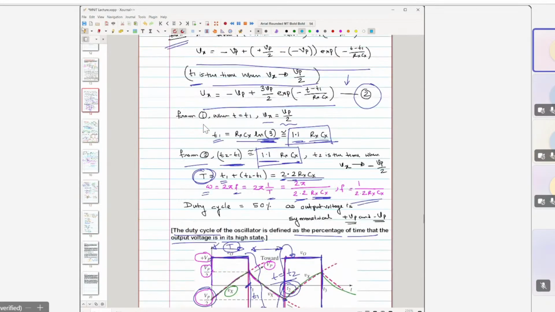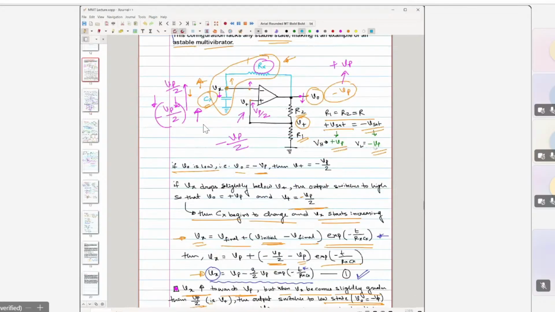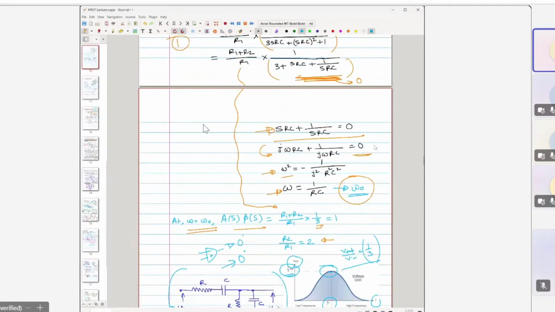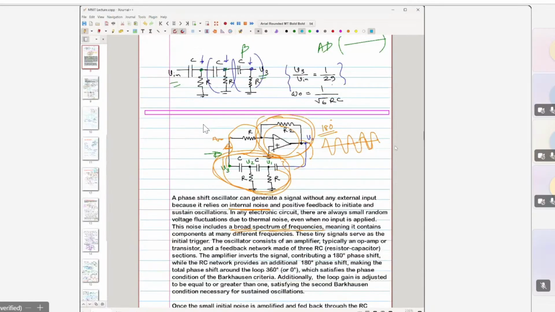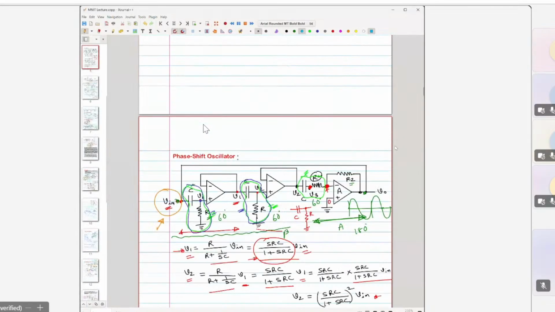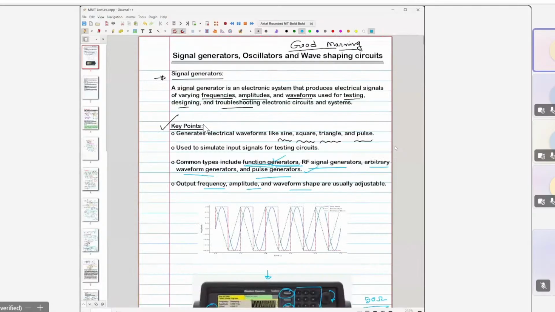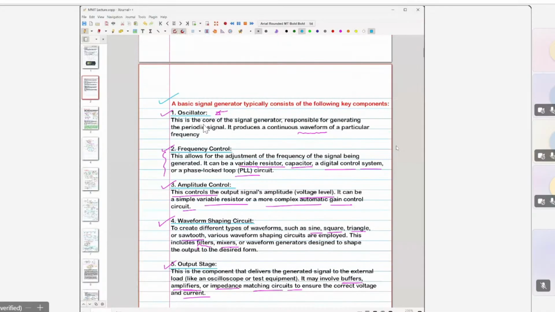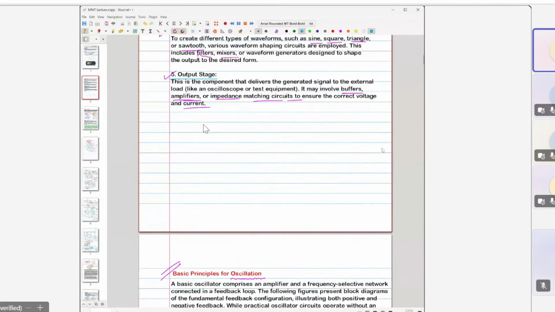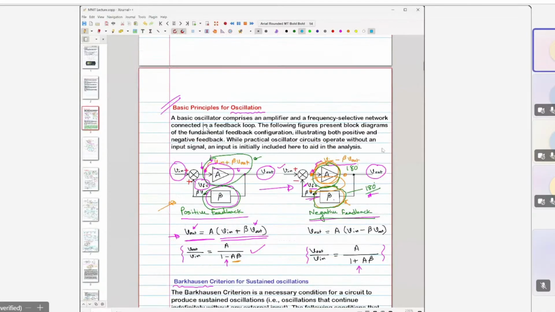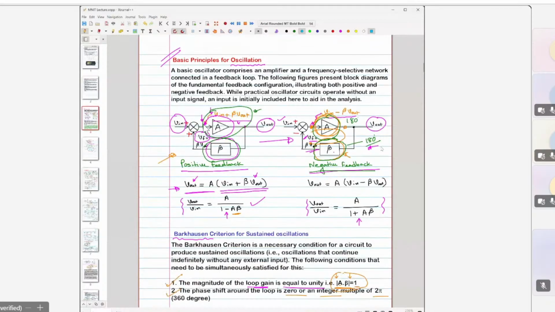So with this we are at the end of our discussion. In today's discussion, what have we seen? We have seen the different components of signal generators, and the basic principle of oscillations, both for positive feedback network and negative feedback network.